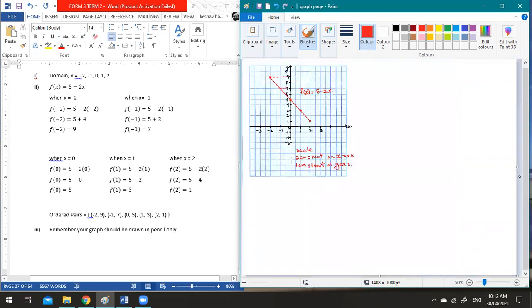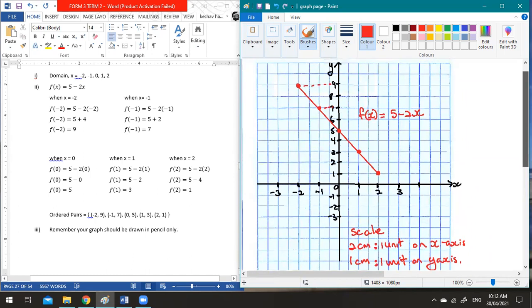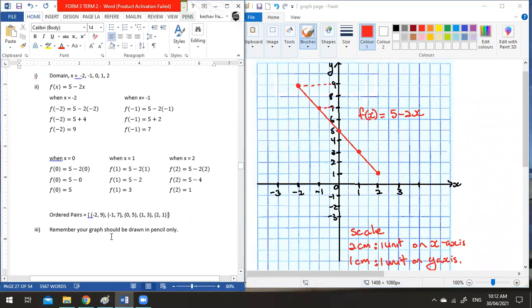And I know some of you all have better handwriting than me, so it would look a little more neat. But that is what your graph's supposed to look like. And remember, you draw graphs in pencil only. Should put this in bold.